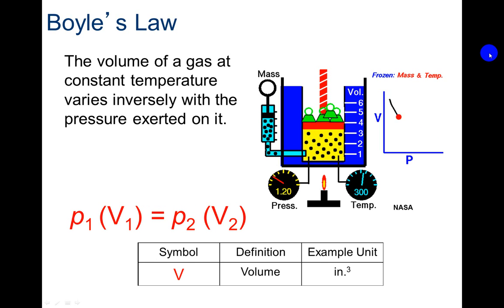In this example, we're looking at volumes in inches cubed. Now, volumes can be liter, milliliter, meters cubed, inches cubed, centimeters cubed, and so forth. A volume is always going to be the same kind of units.